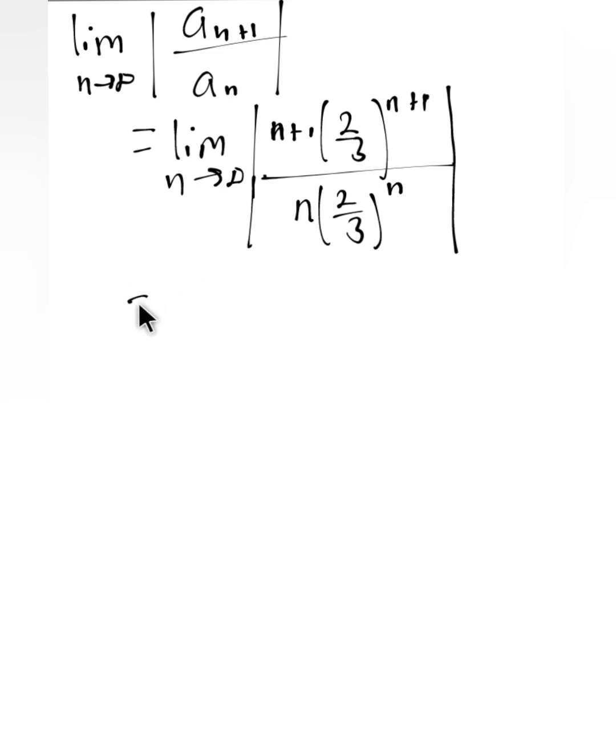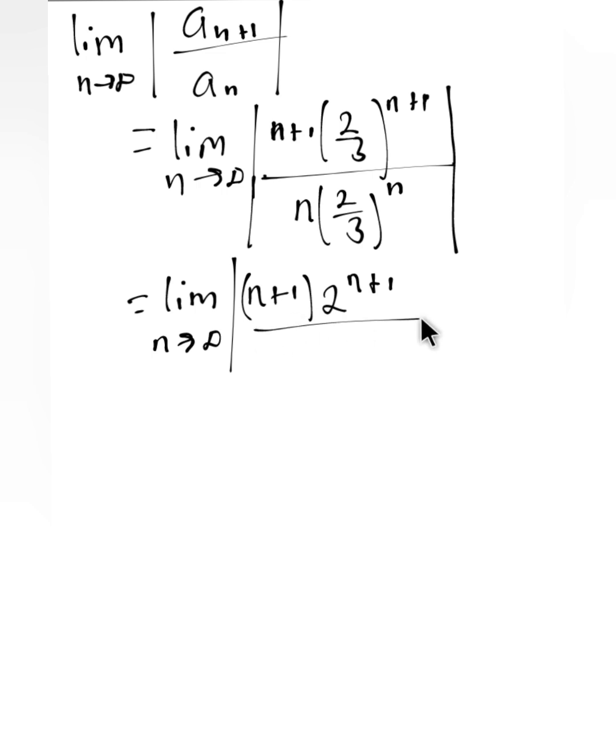Now this is equal to the limit as n tends to infinity of n plus 1. Now let's simplify this expression. This is 2 raised to power n plus 1 all over 3 raised to power n plus 1, divided by n times 2 raised to power n all over 3 raised to power n.